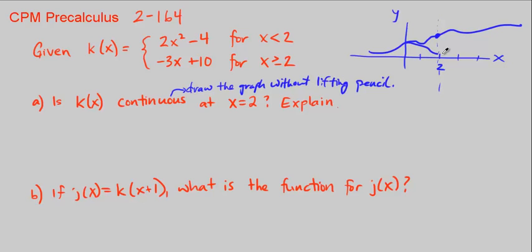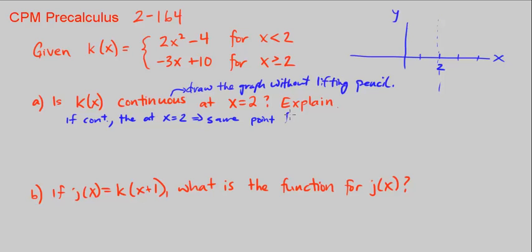If they give us a different point, then no, it's not continuous, because we have to lift our pencil and finish drawing the graph. So let's try this out. The explanation is going to be our work: if continuous, then at x equals 2, we get the same point from both pieces.